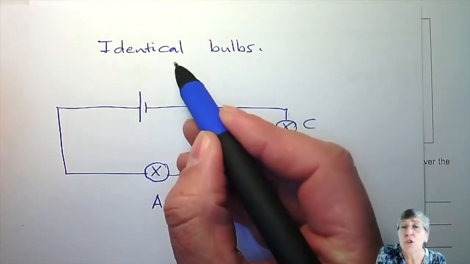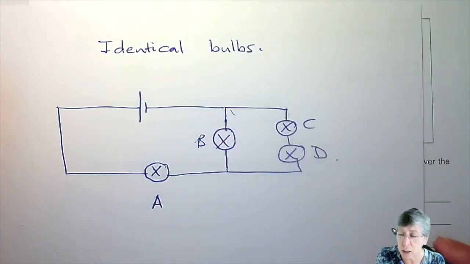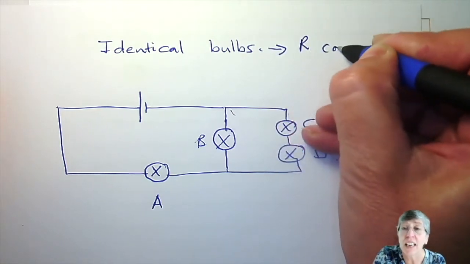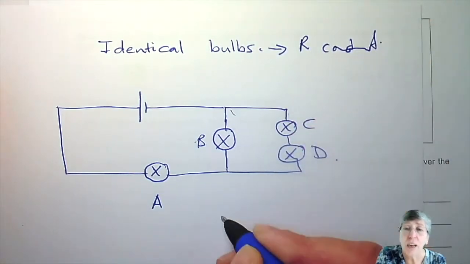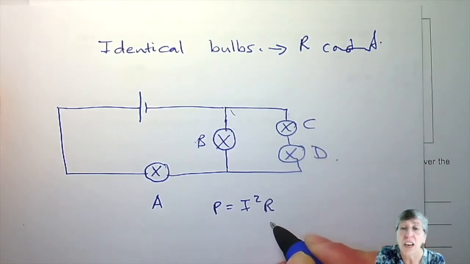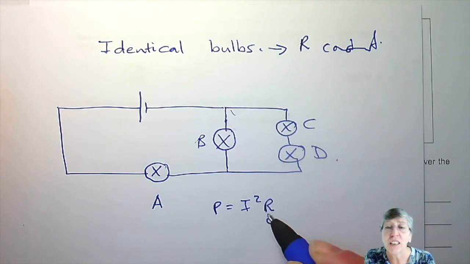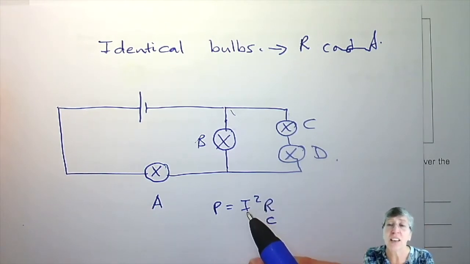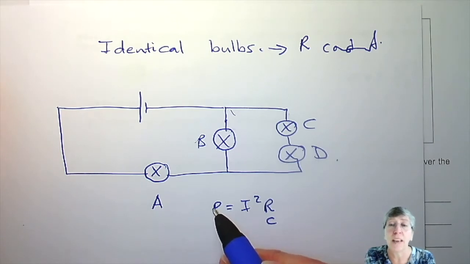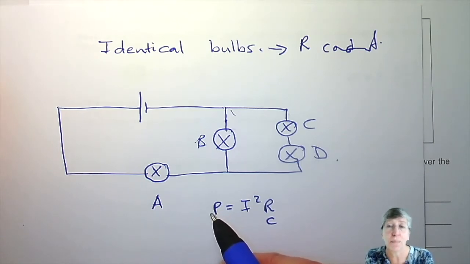But that's only true if you have identical bulbs. Remember, if they are identical, it means R is a constant. And we now have an equation that says P equals I squared R. So if R is a constant, then yes, I can look at the current, because the bigger current will be the one with the bigger power, and that will be emitting more light energy per second.